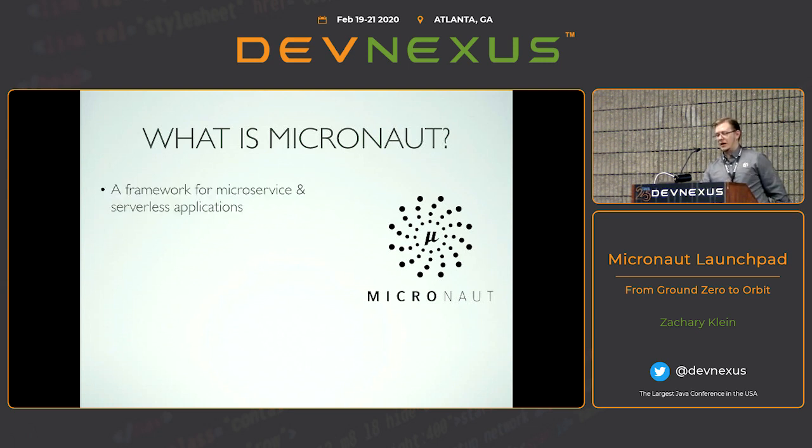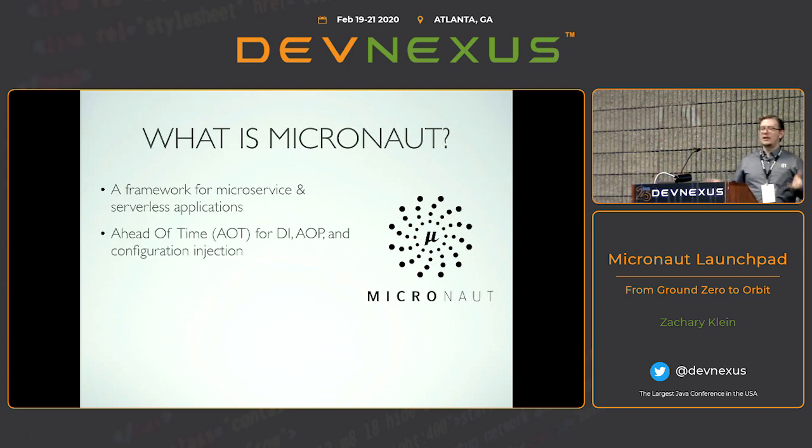So what is Micronaut? Well, if you gave me 2 words, they would have to be microservice framework. But I really want more words, okay? If you give me 4 words, I would say a microservice and serverless framework, but I still want more words. But at its core, yes, it's a framework for building microservices, serverless applications that run in a cloud-based distributed environment. That's really its reason for coming into existence, right?